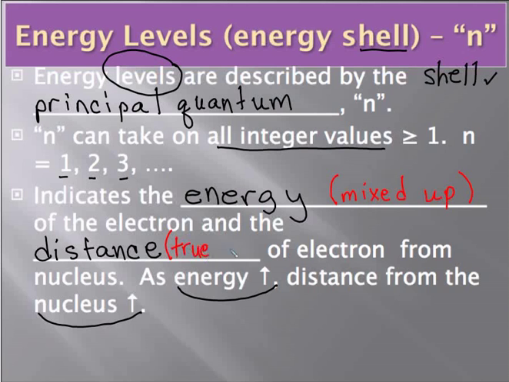But the distance seems to stay true, at least at the level of what we are going to be dealing with. But those energy levels will get mixed up a little bit. Now, the second quantum number will also provide a little teeny bit of information about energy, but it is primarily or principally going to be n that gives us that energy level.